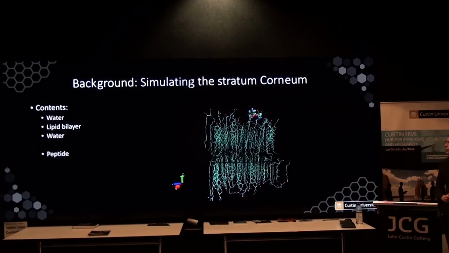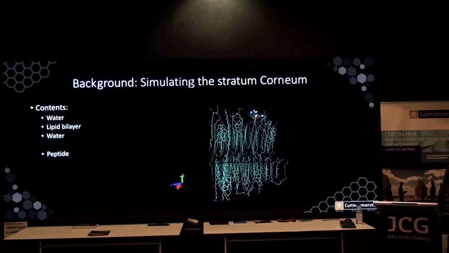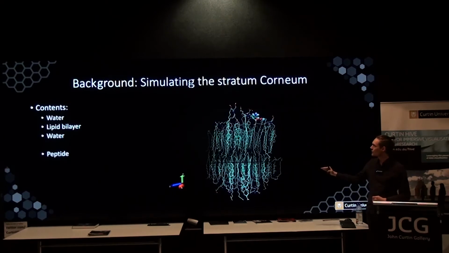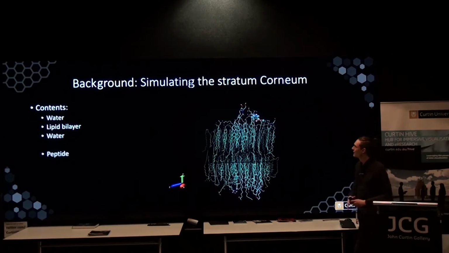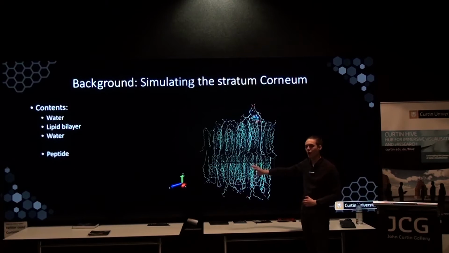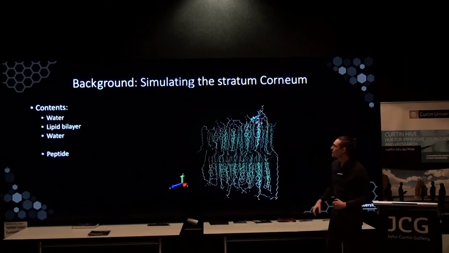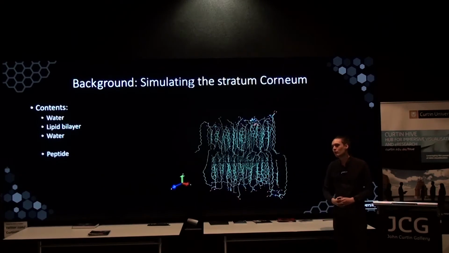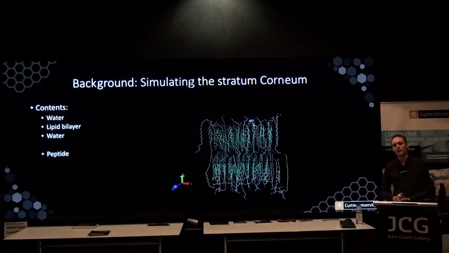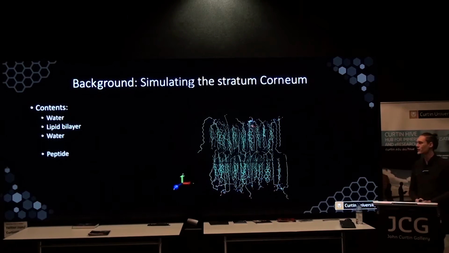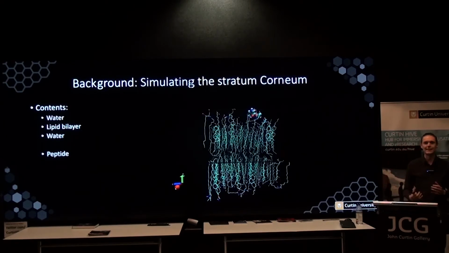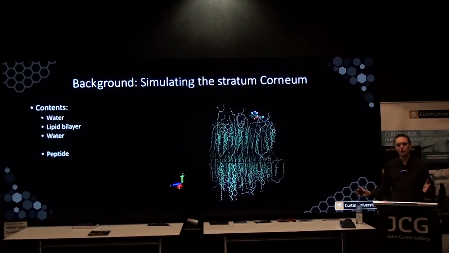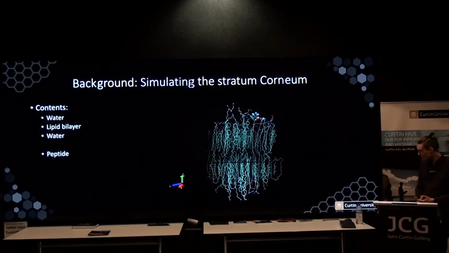Cool. So to be able to study this area, we had to simulate the stratum corneum. And so what we have here is just a small section of that area. The actual simulation has water above and below it. I've removed that for all of the images that I've shown, mostly just because the water is packed very densely, there's a lot of it, and it's a little hard to see anything through this wall of water.